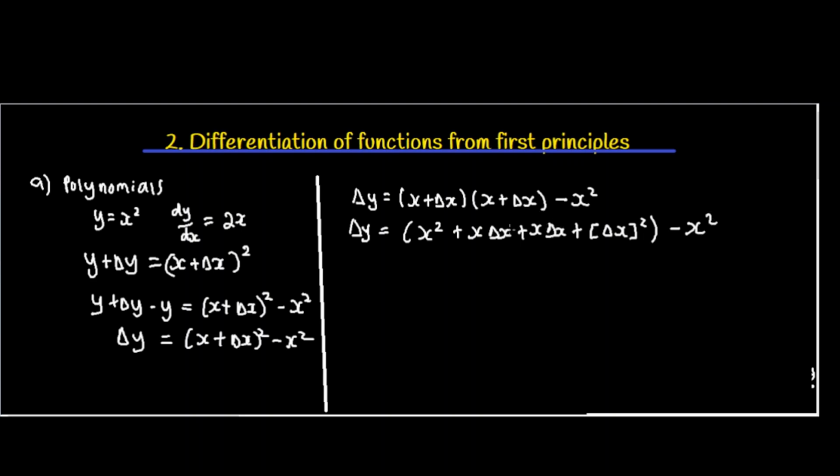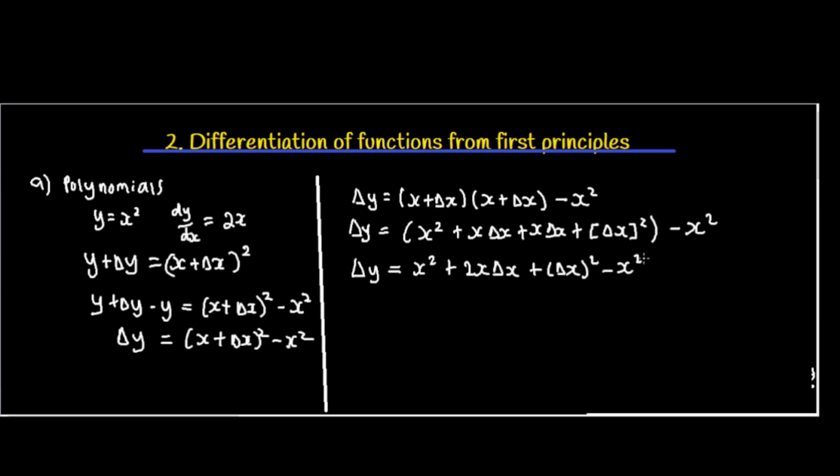So what's next here? Let's try to simplify this expression. We shall have change in y equal to x squared plus x change in x plus x change in x. It will give us 2x change in x plus the change in x squared, then minus x squared.